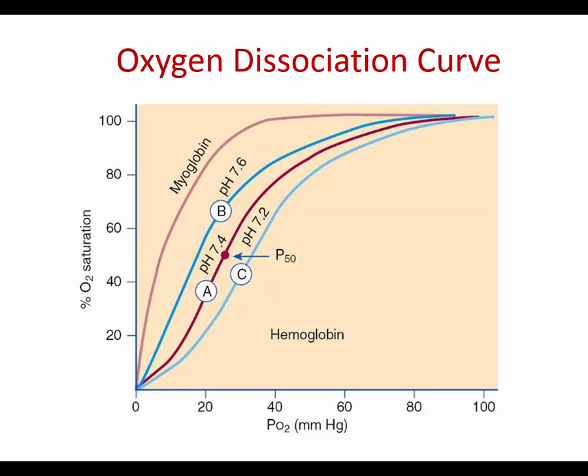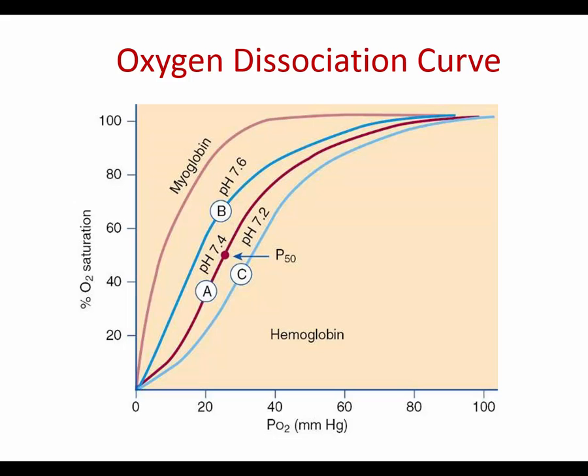So there are 3 main factors. 1, H+ concentration, acidity. 2, temperature goes up. 3, concentration of 2,3-BPG goes up. They are going to move that graph toward the right. It's easier to release the oxygen from the hemoglobin, or you can say the same thing as less affinity of hemoglobin toward oxygen.